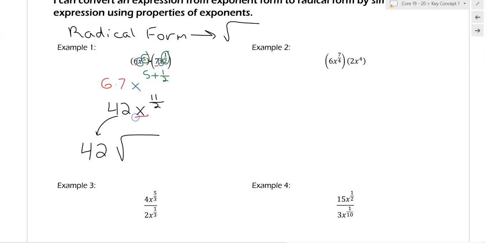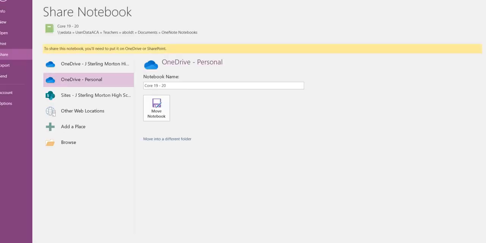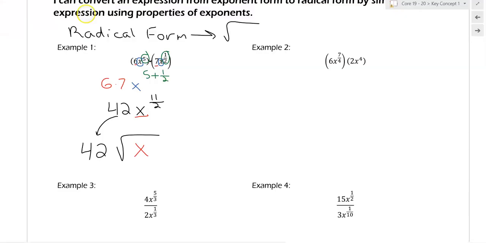And then, middle. Right, left. Okay. So we have 42, and again, we don't have to write that too. We can hide that if you would like. All right, so it could just be 42 square root of x to the 11th.